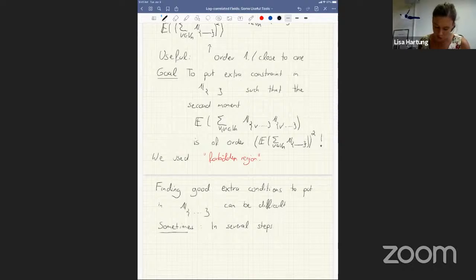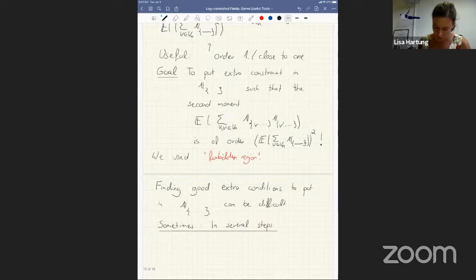So if we know the order of the maximum of the branching random walk, let's assume we know this, is this M_n. Well, now I can just add this as a constant.